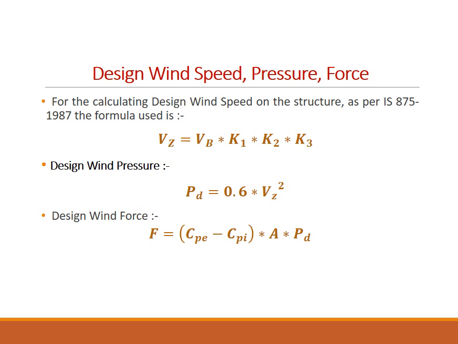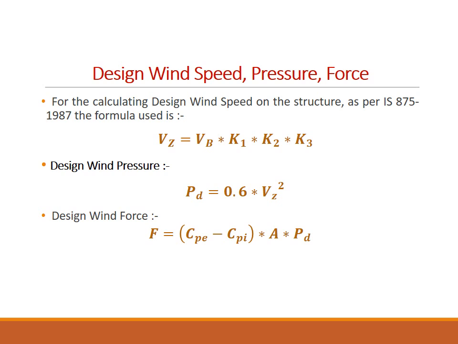But if the wind is blowing at 90 degrees, or perpendicular to that roof, the intensity will be more. That is the coefficient of external wind pressure, CPE. It depends upon the width and height of the building. Similarly, the angle of inclination of the roof.